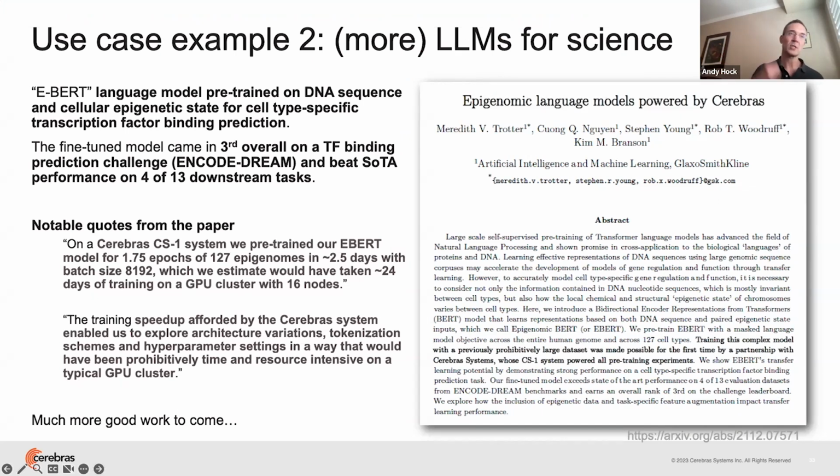So here it wasn't just going faster for the sake of going faster to achieve, say, a better benchmark, but it was going faster so that their team could iterate more quickly and fundamentally build a new model. I think you'll see there's going to be much more good work from this team coming soon.